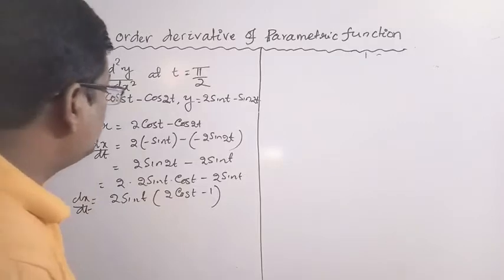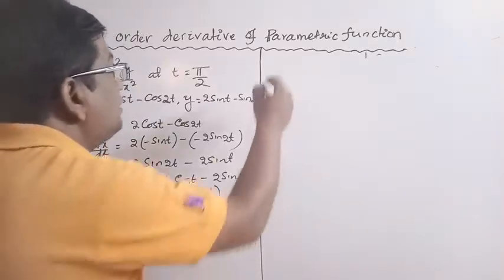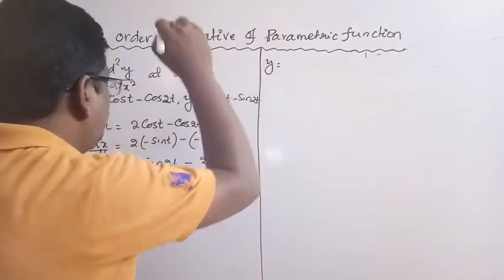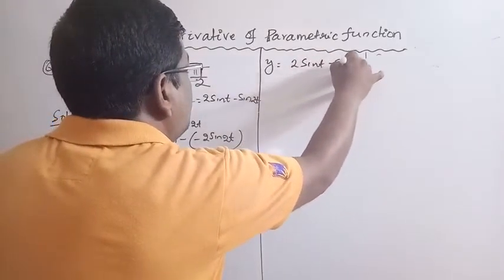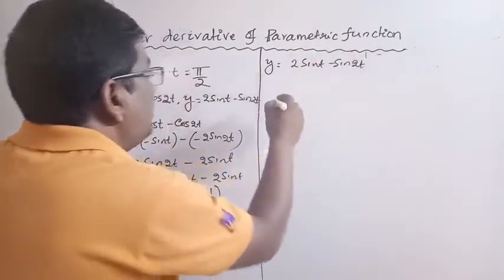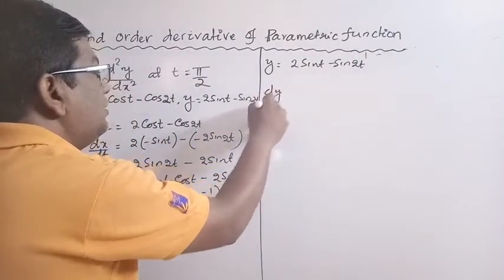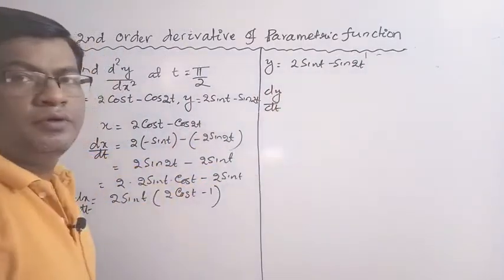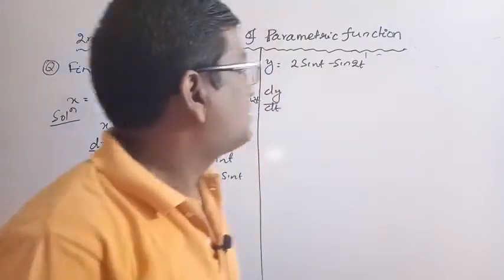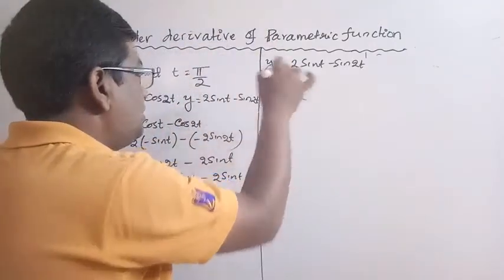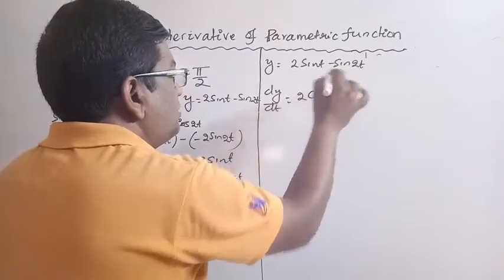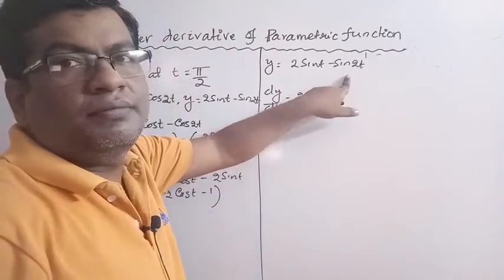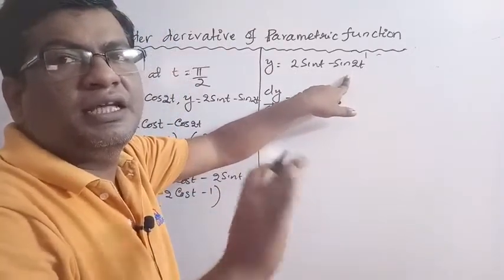Now dy by dt, here y is equal to 2 sin t minus sin 2t, and dy by dt is equal to, what? 2 is constant, the derivative of sin t means cos t, and the derivative of sin mx means m cos mx.